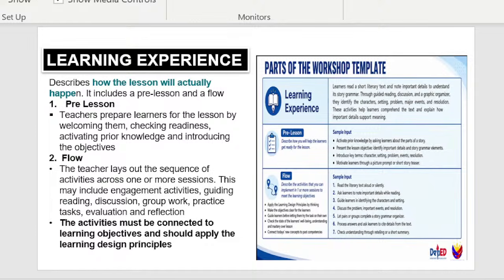Of course, the activities in the flow must be connected to the learning objectives and should apply the learning design principles.